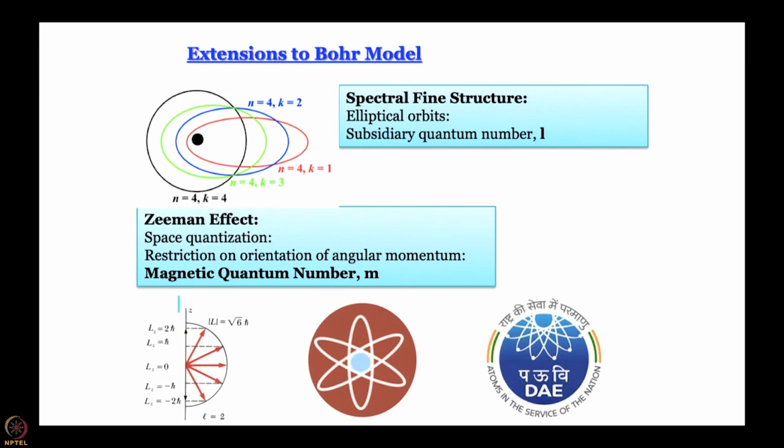So, we got 3 quantum numbers. N tells you about the energy, L tells you about small changes in energy and mostly angular momentum, root over L into L plus 1 multiplied by h cross is the angular momentum, and M tells you about the orientation of the orbit or the orientation of the angular momentum vector, whichever way you want to put it. Eventually we are only going to talk about the orientation of the angular momentum vector.